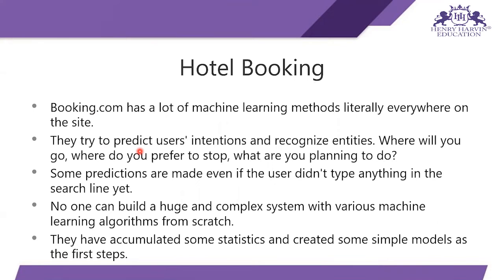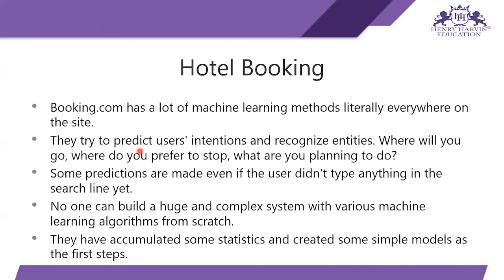When you go to the hotel booking website, you search about some places and the days, how many days you stay and where you are planning to go. According to that data, the website shows you the best options according to what you searched.